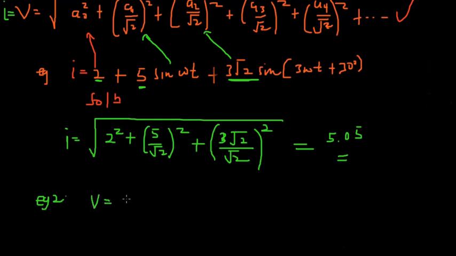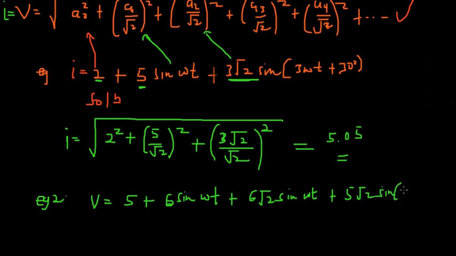Let's say we have a certain voltage: 5 plus 6 sine of angular frequency t, then plus 6 root 2 sine of angular frequency, and then plus maybe 5 on root 2 sine of, this cannot be 3, it should be 5, so we have 5 angular frequency t plus an angle of maybe 45 degrees. So take note, this is an example.